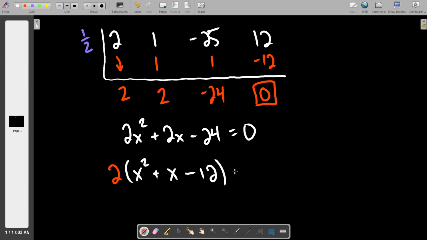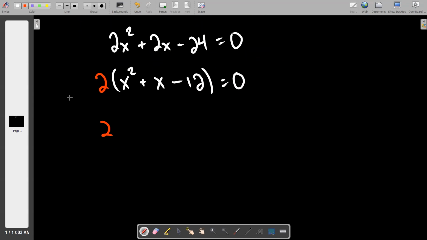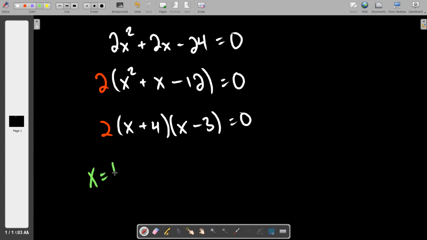Nice. And then, of course, from there, you would factor it down, and that would become 2 times x plus 4 times x minus 3. So your answers to this problem overall would have been, I'll write in green, x equals 1/2, because that was the one that I gave you. And that's one that you'll have to find on your own.